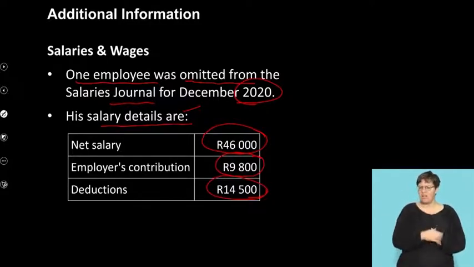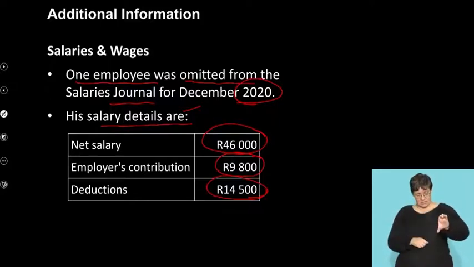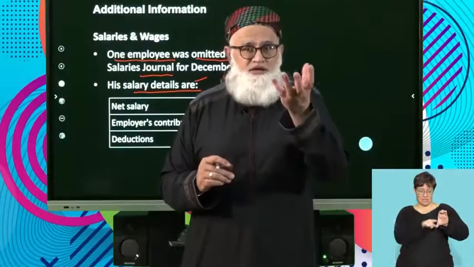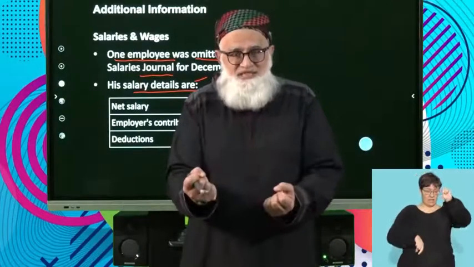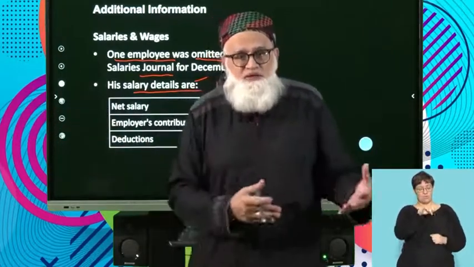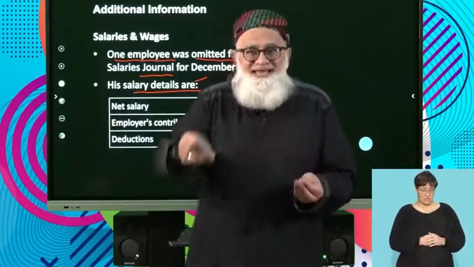Now, what do we know from salaries? Net salary plus deductions gives me my gross salary. Okay, I repeat, net salary plus deductions gives me my gross salary. Stated in other words, gross salary minus deductions gives me net salary. Okay, so what figure am I looking for?